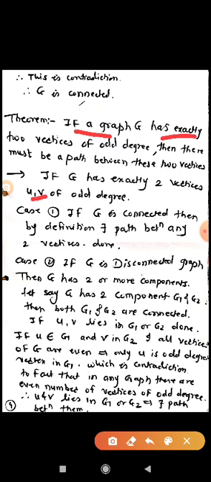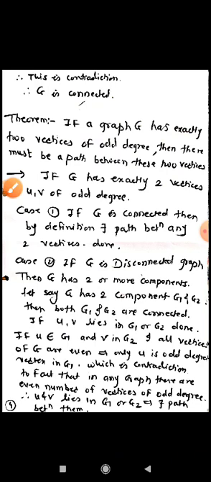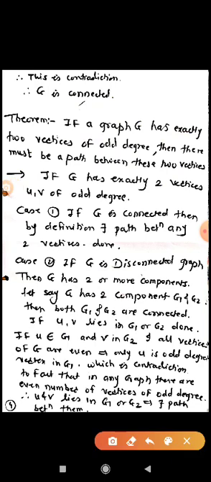But in the second case, if graph G is not connected, that is, a disconnected graph, then it has more than one component. Now without loss of generality, we consider that graph G is disconnected and it has two components, say G1 and G2. Now using the definition of component, G1 and G2 are themselves connected graphs.